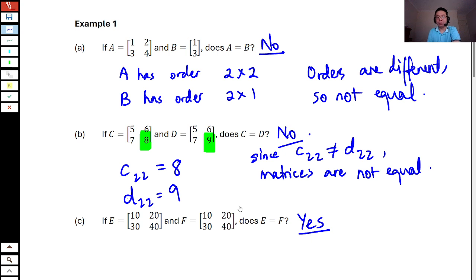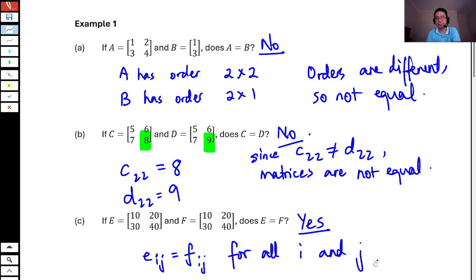And the way we could write this mathematically is Eij equals Fij for all i and j. So E11 equals F11, E12 equals F12, and so on. So the matrices are equal. It's also worth noting that E and F have the same order as well.